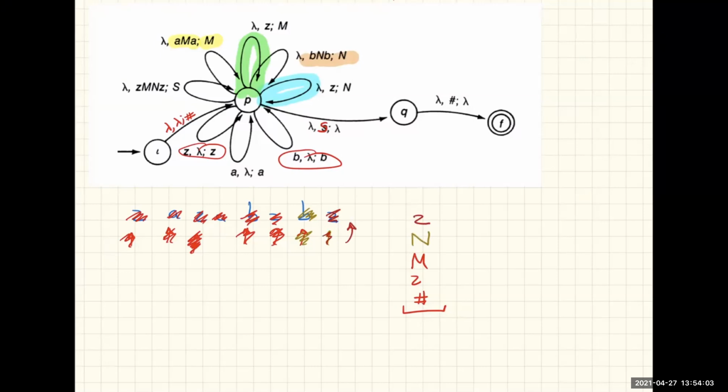We have Z, N, M, Z, which is ZNMZ, meaning that I can take out this and substitute with an S. And we can just consume this S following this arc.